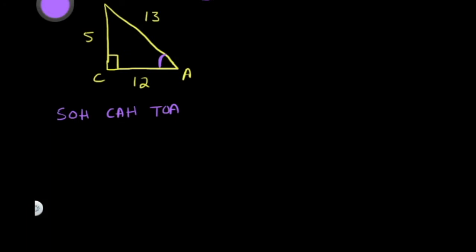The hypotenuse is going to be the side that's across from the 90-degree angle, so this side right here is our hypotenuse. Because we are using this angle, the side that is opposite this angle is this one over here. And the side that is touching the angle, the adjacent side, is this one here.